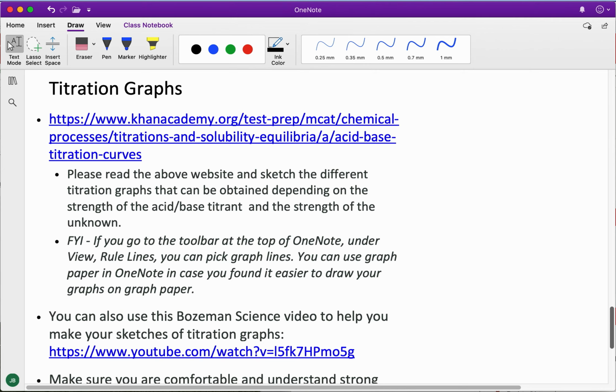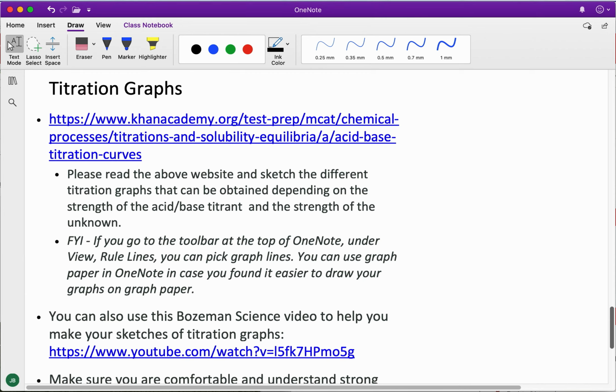Now, you could also have a strong base in your burette, and you could be adding that to a weak acid. That titration graph is going to look a little different. Or you could have a strong acid in your burette and add it to a weak base. Once again, yet another graph that looks just a little bit different.